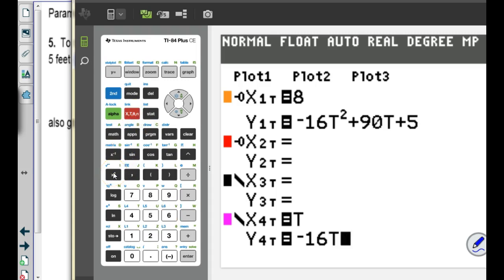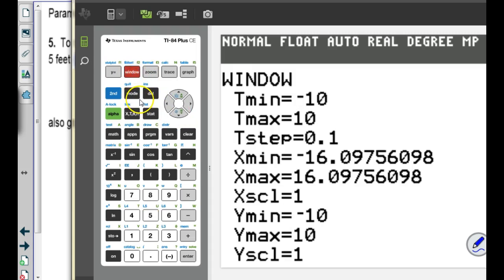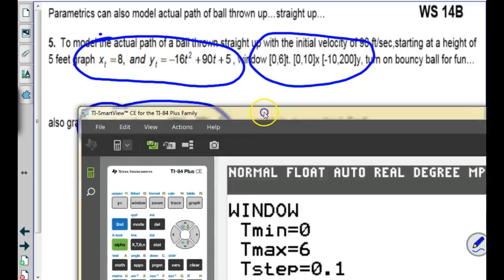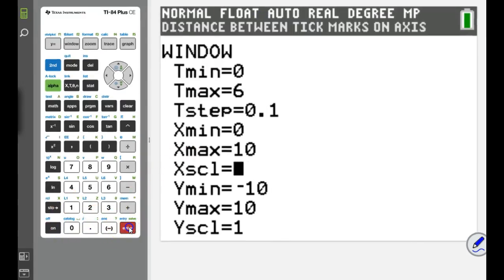Does this equation look familiar, guys? Negative 16t squared plus 90t plus 5. We did it with x's, and 16 was the gravitational thing, and the 90 was initial velocity, and the 5 was initial height. Remember when we did these? You did them in Algebra 2, and we did them in the quadratic unit. Now, the window, what did it say to do? 0 to 6? And then 0 to 10, at the top of the page here. And then negative 10 to 200, didn't it?